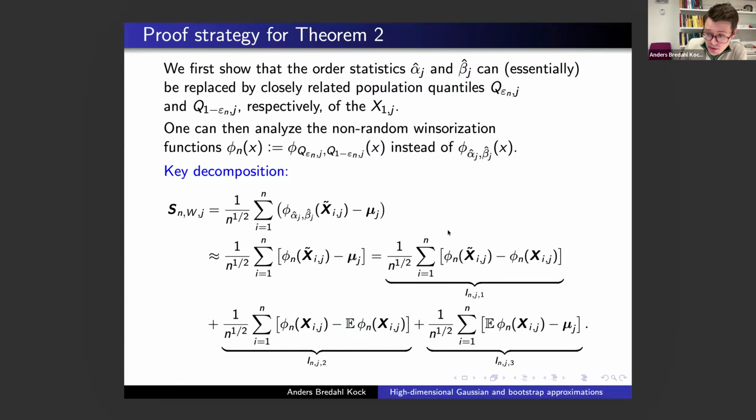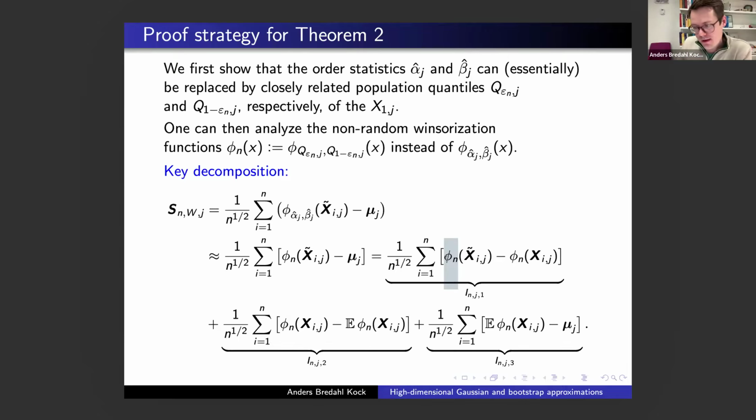So now I have three terms. The first term, I n j1 here for the jth coordinate, gives me the effect of contamination. If there's no contamination, then of course the x tildes are just equal to x, and clearly this term here is 0 then. However, even if there's some contamination, by virtue of these phi n's being bounded functions, now I can limit the effect that an evil adversary can screw up my statistics by.